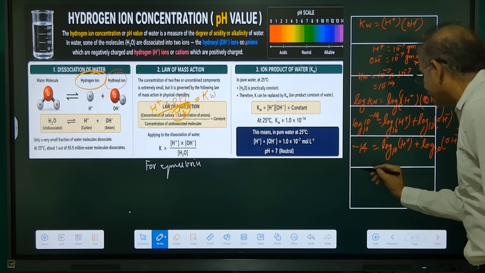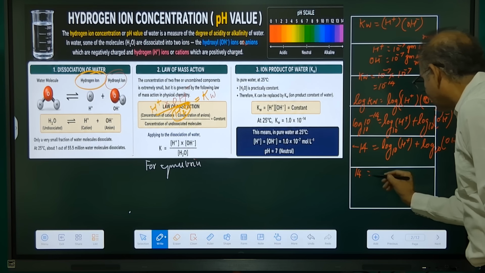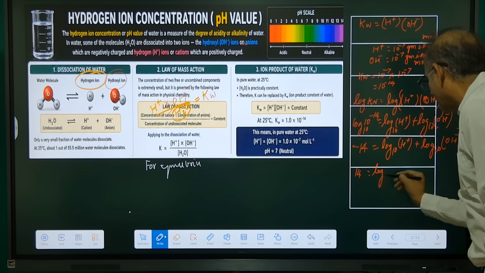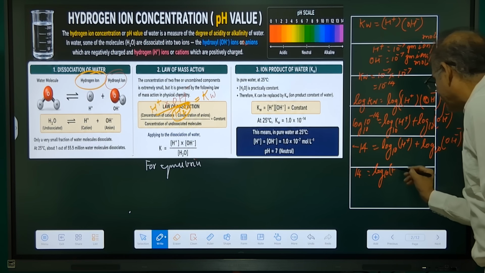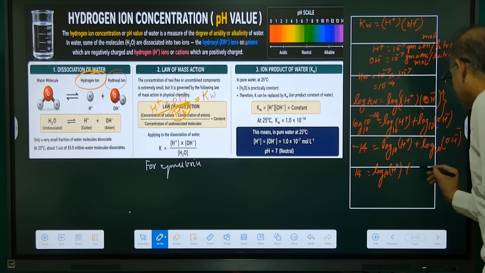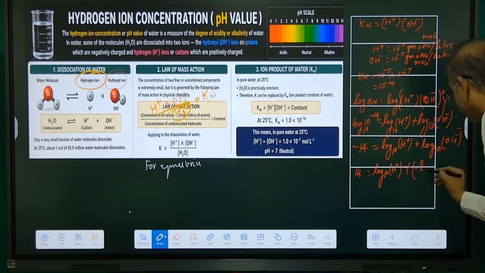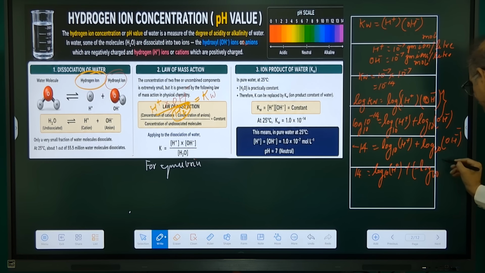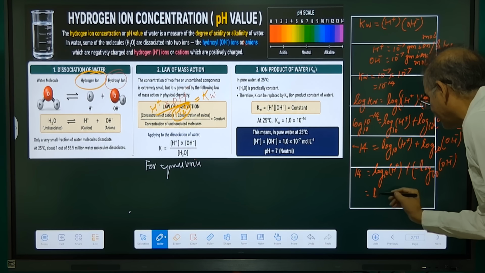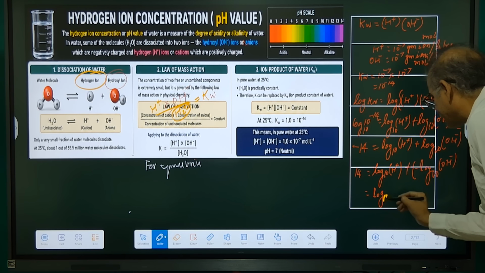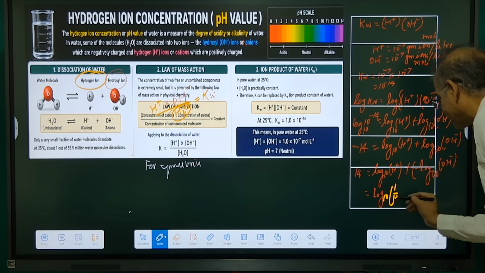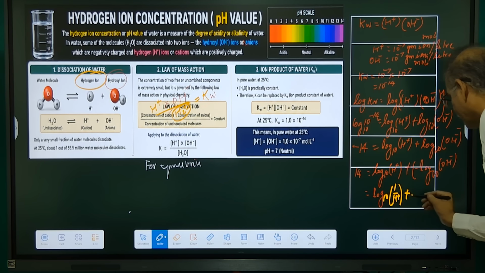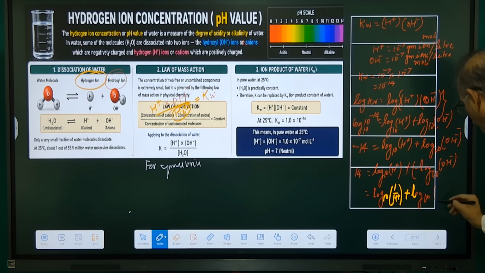Taking minus to this side, 14 is equal to minus log to the base 10 H+ minus log to the base 10 OH-. This can be written as log to the base 10 of 1 upon H+ ion plus log to the base 10 of 1 upon OH-.